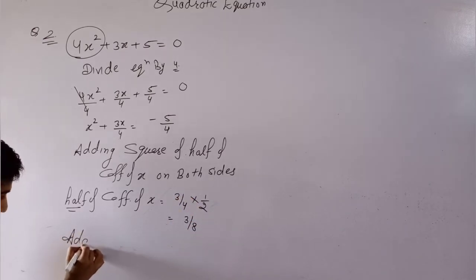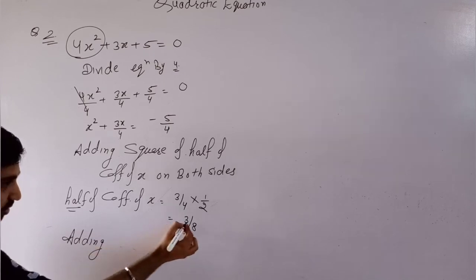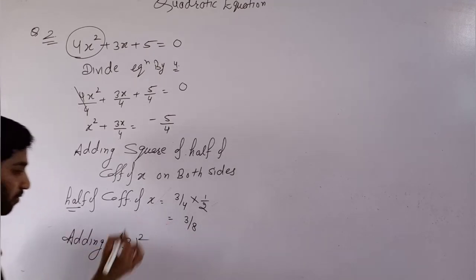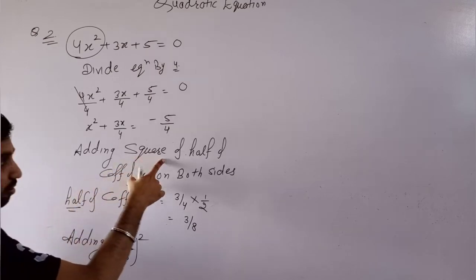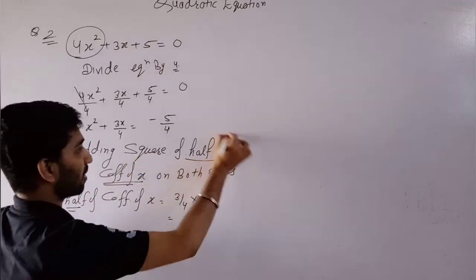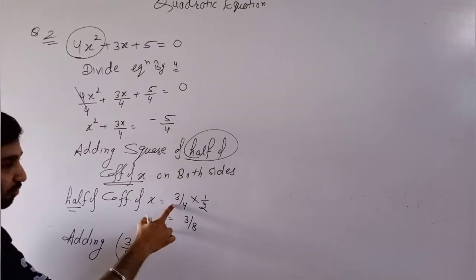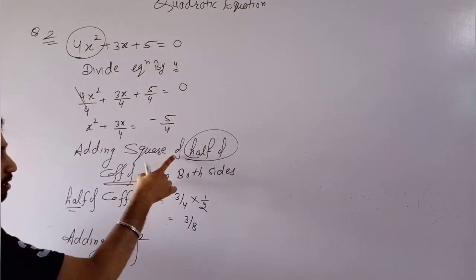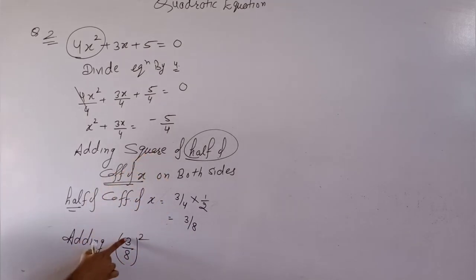Adding the square of half of the coefficient of x. The coefficient of x का half आएगा 3 by 8; coefficient of x is 3 by 4, half is 3 by 8, and its square is 3 by 8 square.